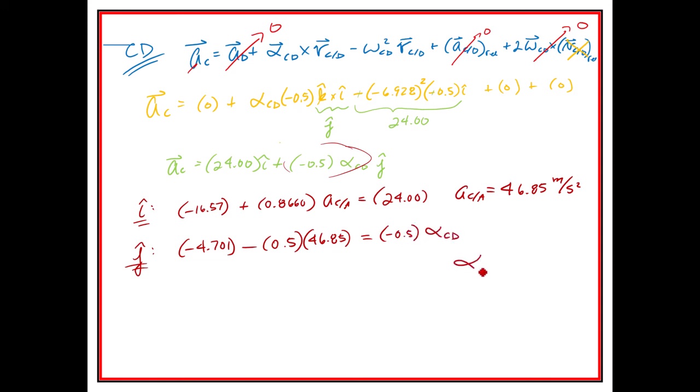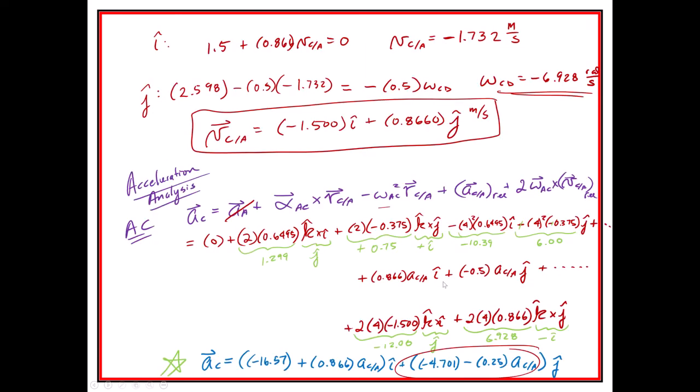We get an alpha CD equal to 56.25 radians per second squared. And if you can believe it, that's the same as the solution manual. So that's one of the answers, and this is one of the answers.